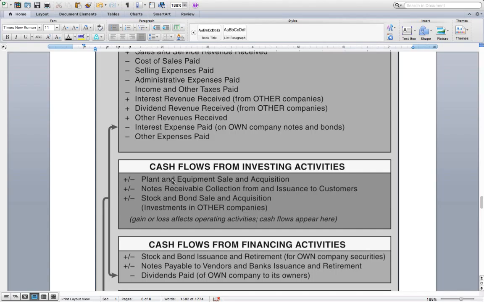For the sale of plant and equipment and bonds and stocks, you can see that the gains and losses reflect operating activities, but the cash flows appear here for the actual sale itself. So if I receive $100 from selling a plant asset, the $100 is going to be reflected in the investing activity, and any gain or loss from that is going to be reflected in the operating activities section.